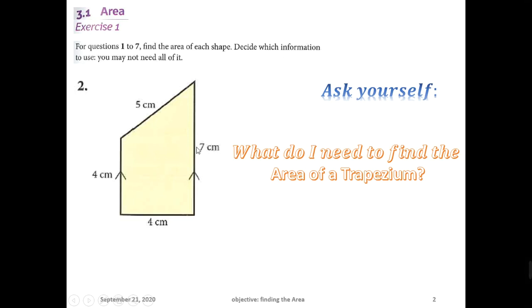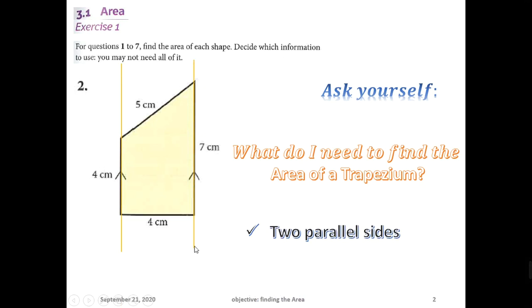Vertical means the distance that creates a 90-degree angle with both sides. We need to find the length of the vertical distance between the two parallel sides. So we need two parallel sides, 7 and 4.